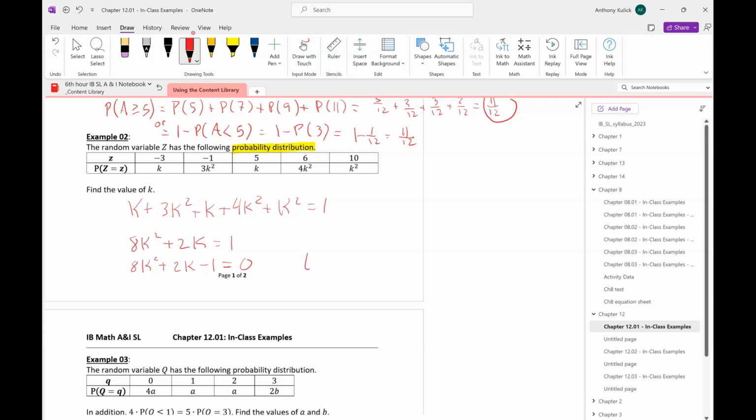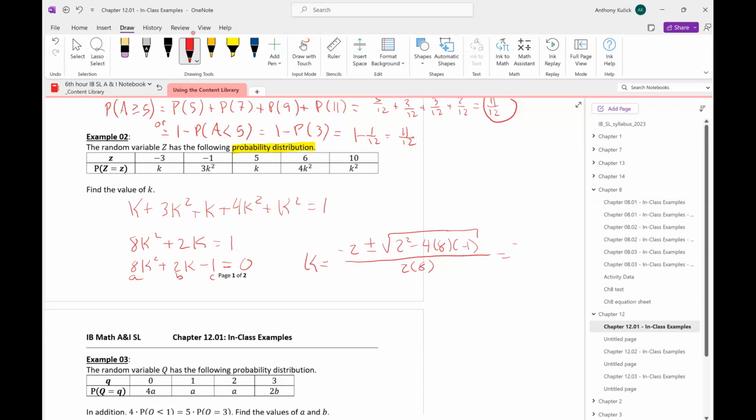So if we did this as a quadratic formula, that's -b, where these are a, b, and c, plus or minus the square root of b squared minus 4ac, all over 2 times a. So 4 minus a -32 is 36.